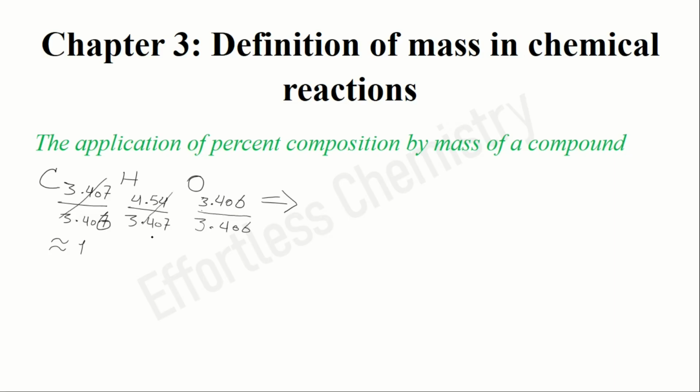For the hydrogen, it equals 1.33, and for oxygen, it's exactly equal to 1. So now my formula is like this: C1H1.33O1.